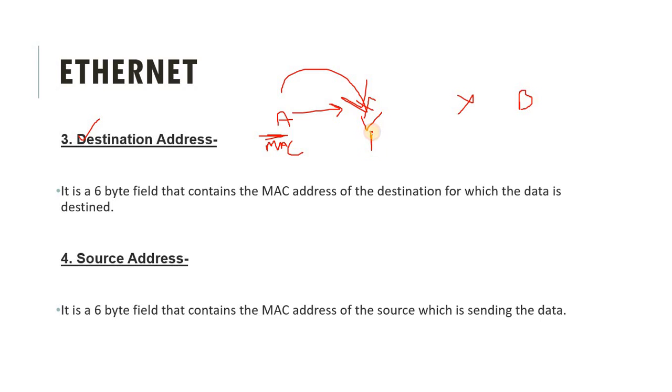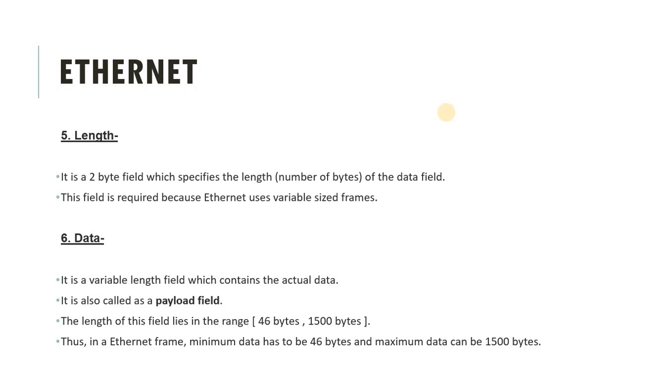When data reaches this router, it finds the destination address of the second router, and when it reaches the second router, the destination address is the address of B. So this is how the addresses are used, and the destination and source addresses are MAC addresses. In the routers we use only IP addresses, so by using the ARP protocol, we retrieve the MAC address of each and every router.